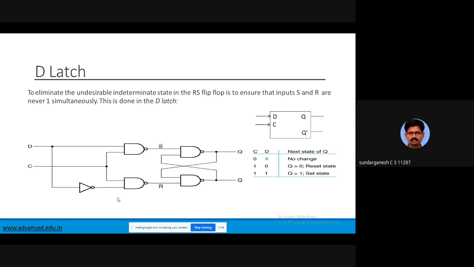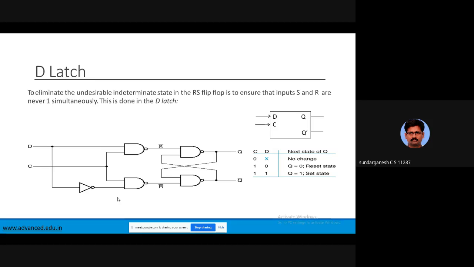What will happen to R? It is an inversion, so it becomes 1. So what will happen to Q? It becomes 0. Q bar becomes 1. So another input I can give in D is 1. S is equal to 1, R automatically becomes 0 due to the inversion. So now Q is 1, Q bar is 0. This is the output. This is the truth table for this D flip-flop.